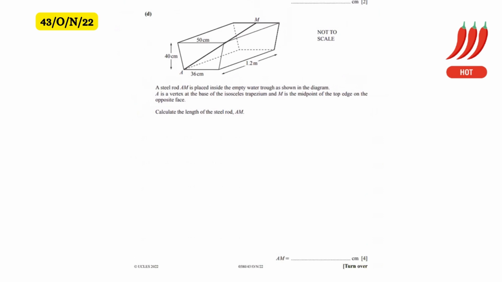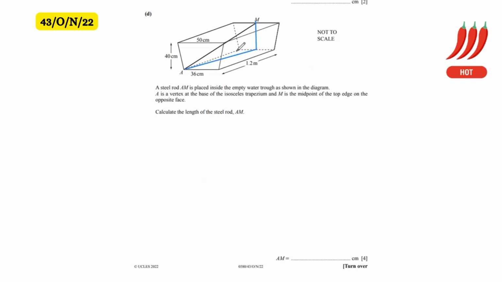Part B says a steel rod AM is placed inside the empty water trough as shown in the diagram. A is a vertex at the base of the isosceles trapezium, and M is the midpoint of the top edge on the opposite face. Calculate the length of the steel rod AM. Since M is the midpoint, we draw a straight line over here and connect A with this.